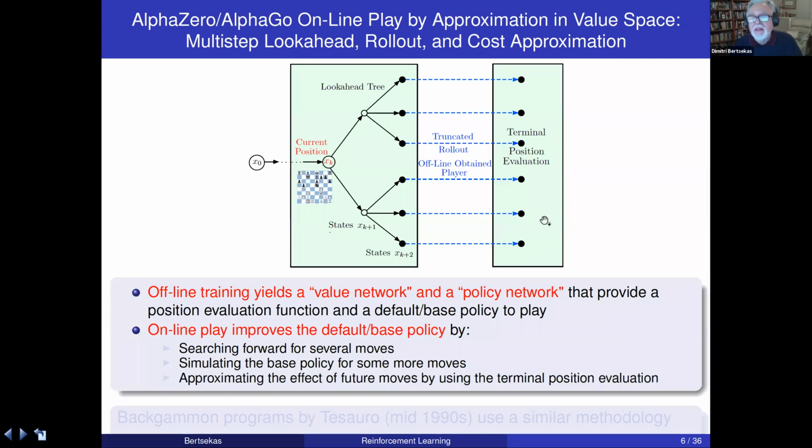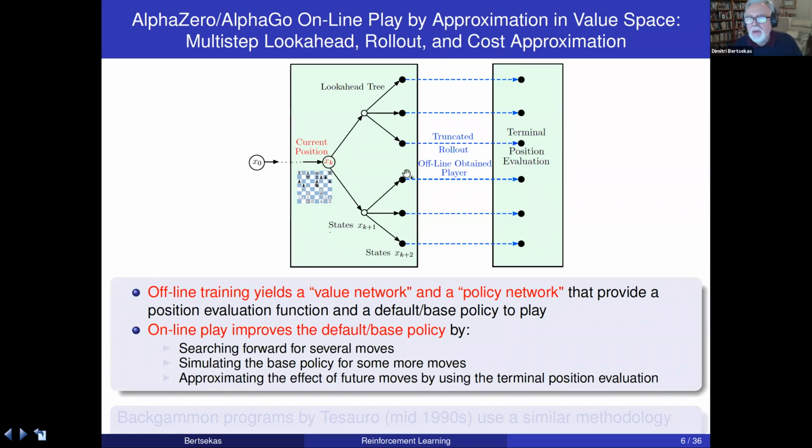And then at the end, the game may not have ended. So we take the position evaluation and we use it as the outcome of this result. So we have several moves that are generated, they are projected forward up to the point where it's a position evaluation, and then we choose the move that looks more promising based on these results.